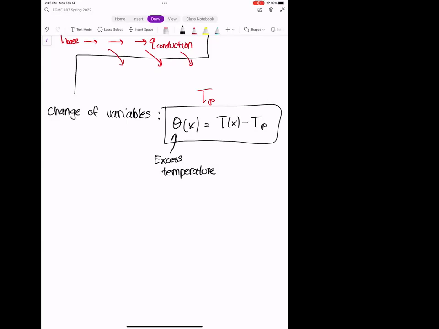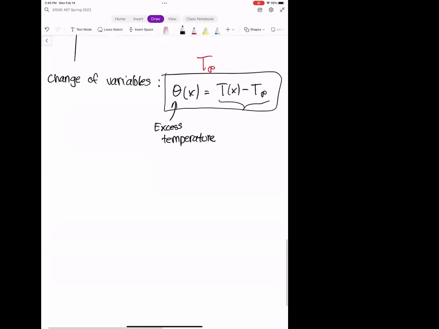This excess temperature is going to be defined as the temperature of our fin, T of x, minus the fluid temperature. So it's just T minus T infinity. The reason we call it excess temperature is that it's literally the temperature in excess of the fluid. We take whatever temperature the fin is, subtract the fluid temperature, and that's how much excess we have. That's why we call it that. Okay. So how does this help us?